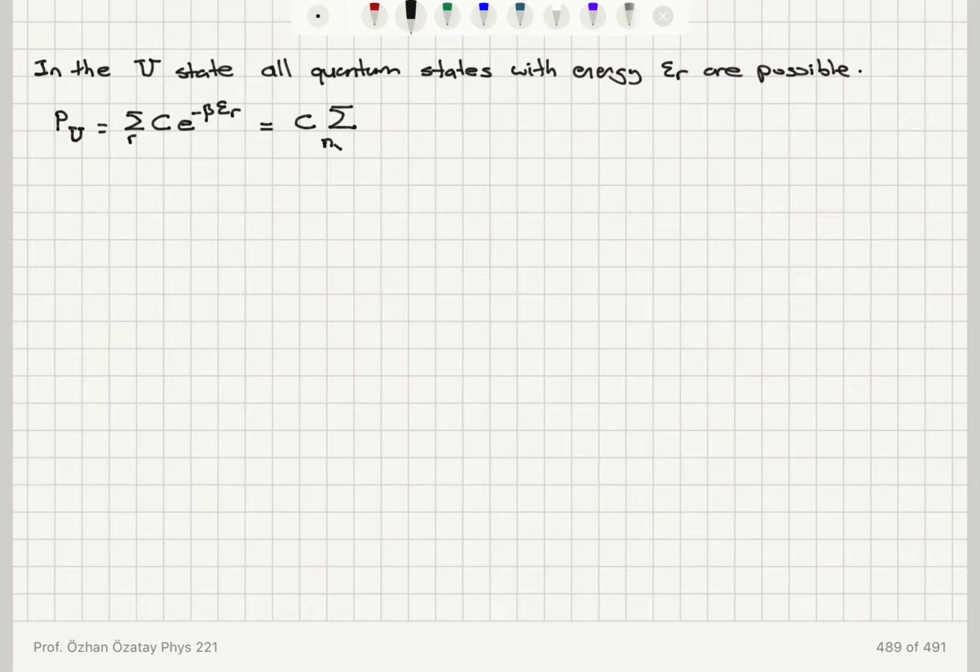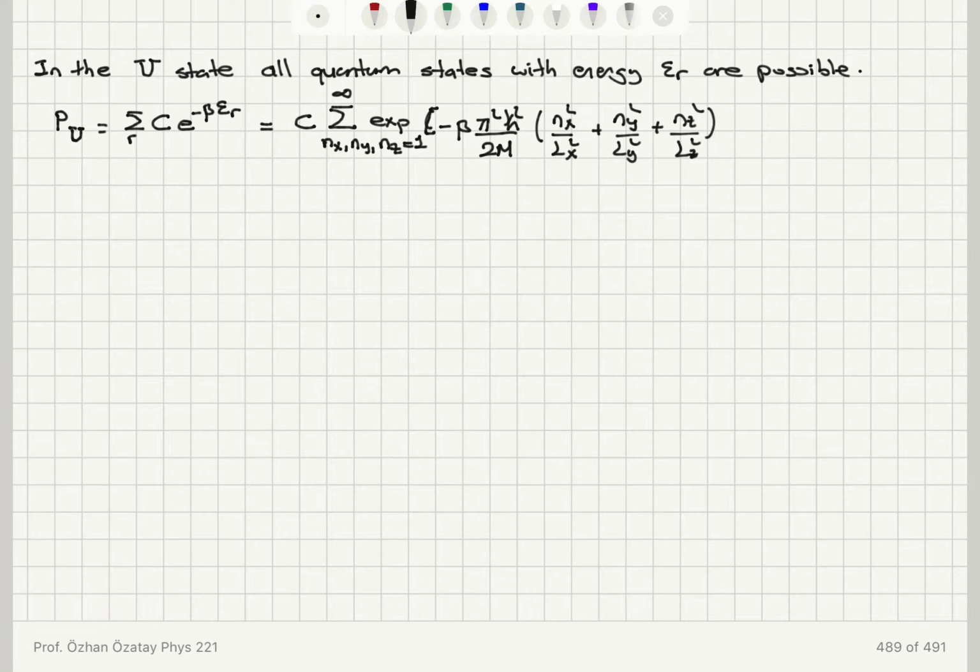The summation is over the three quantum numbers n_x, n_y, and n_z, starting from 1 going to infinity, of exponential of minus beta pi squared h-bar squared divided by 2M, and then I will have n_x squared over L_x squared, n_y squared over L_y squared, and n_z squared over L_z squared.